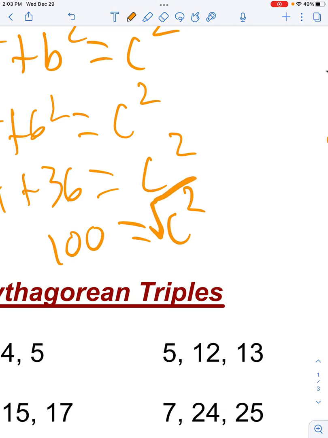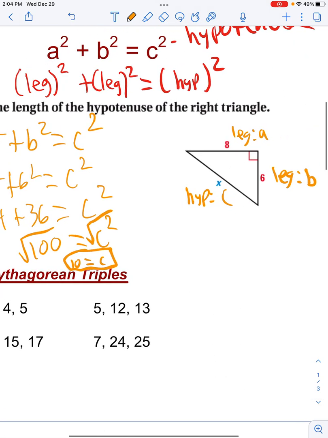And to undo a square, you must take the square root, which gives me an answer of 10. So my hypotenuse equals 10 in this triangle.